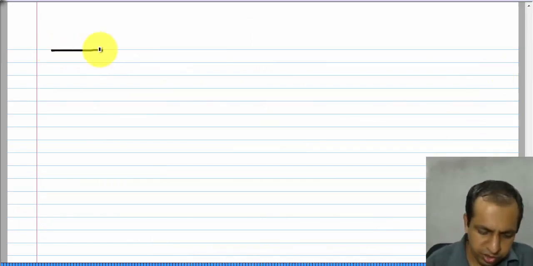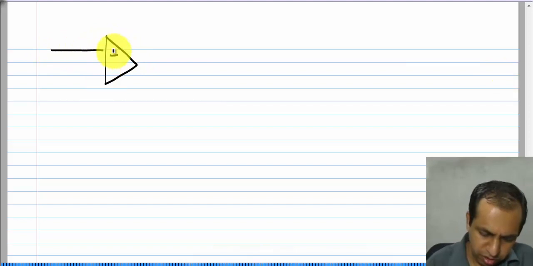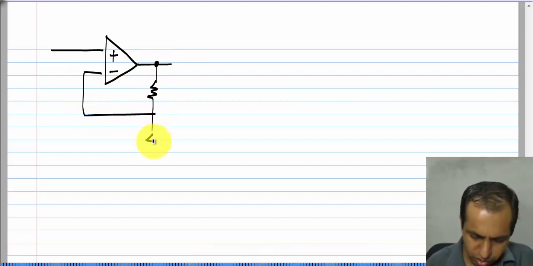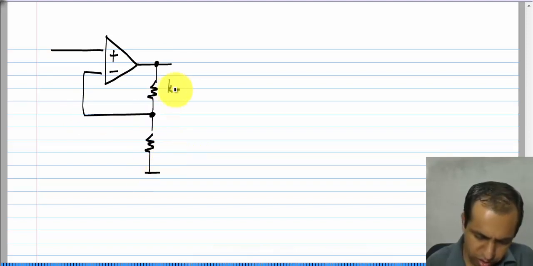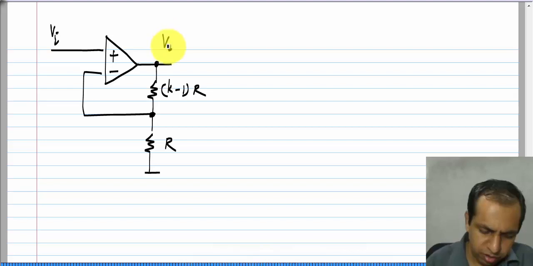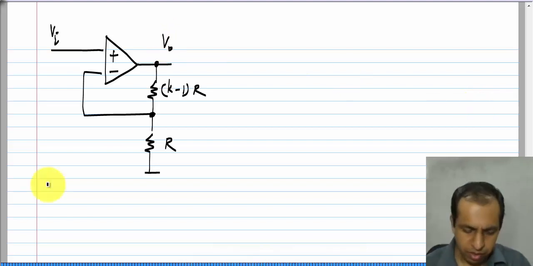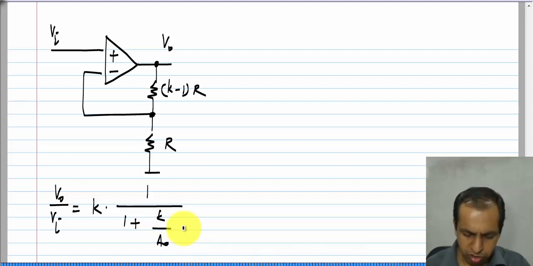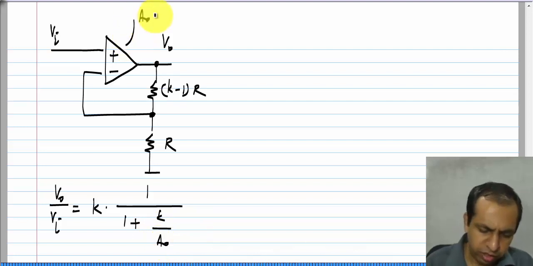So, some quick comments on this circuit. I have set the resistance value, the upper one to be K minus 1 R, the lower one to be R, okay, and the actual gain of this is K by 1 plus K by A naught, where A naught is the gain of the op amp.